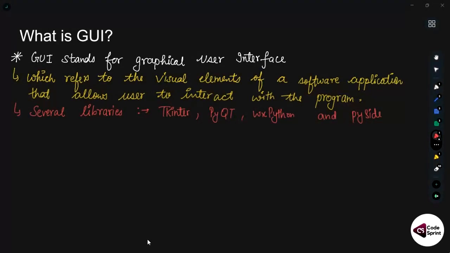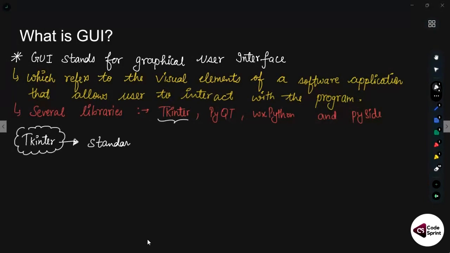So, if we talk about Tkinter, it is basically a standard GUI library. That's why we use this library extensively. It is just a standard GUI library for Python, and it comes bundled with the Python installation. That means whenever we install Python, Tkinter comes by default with the Python installation.